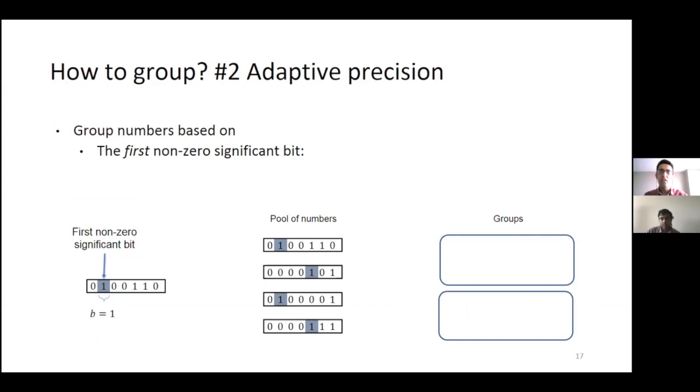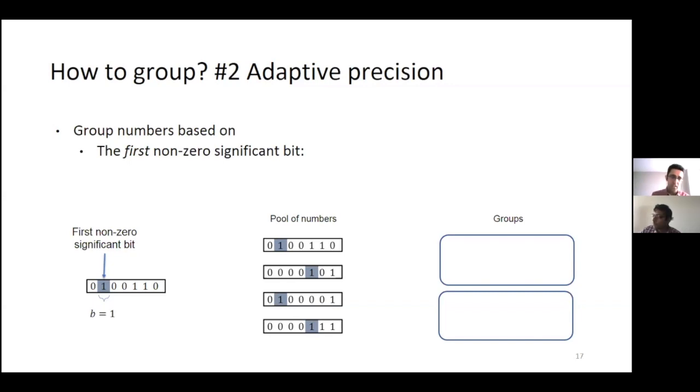There's another way to group the numbers in a more efficient way. Here we introduce adaptive precision, which groups the numbers based on the first non-zero significant bit. In this example at the left corner, we will find the first non-zero significant bit, and we will put all of the numbers in the same group if they have the first non-zero significant bit in the same position.